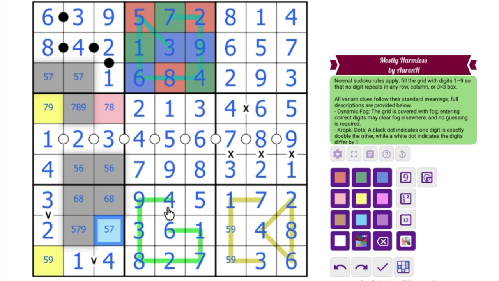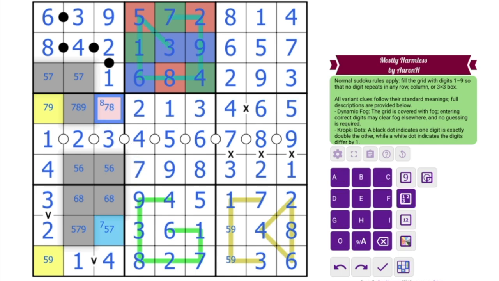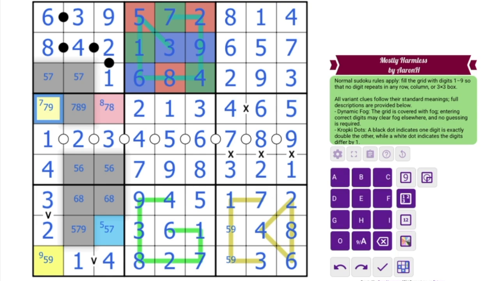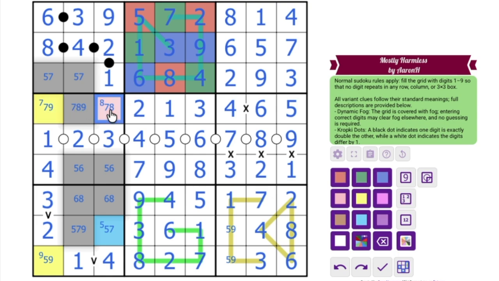And this is our sort of target cell that we're going to look at what happens to it. And this cell here is what I'm sort of going to use as a bit of a question. So if I make this one a 7, then that cell obviously becomes an 8. But if I make this a 5, then this cell becomes a 9, and this cell then becomes a 7, which also makes this one an 8.